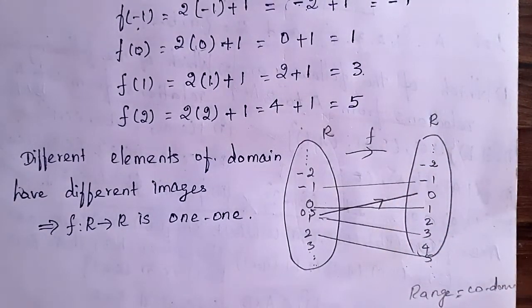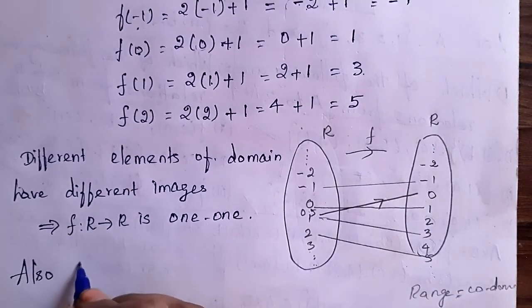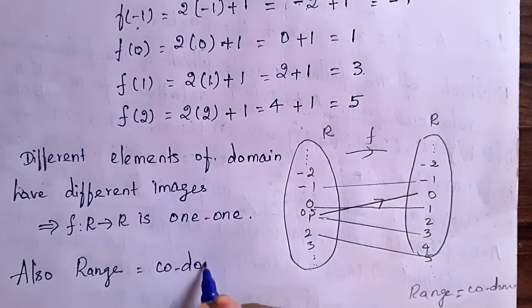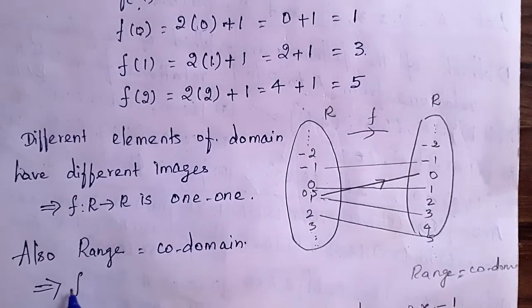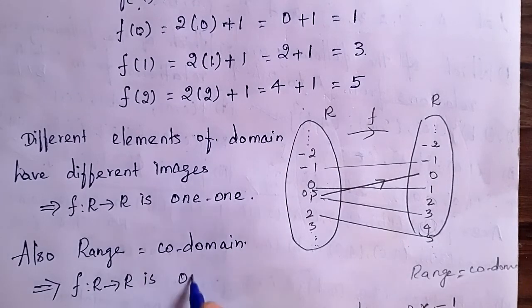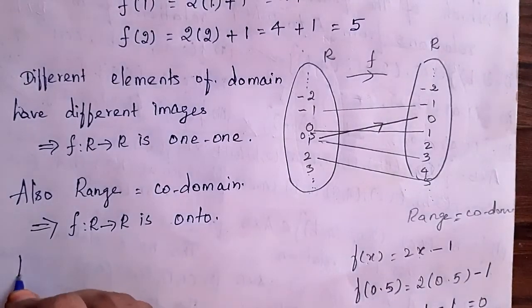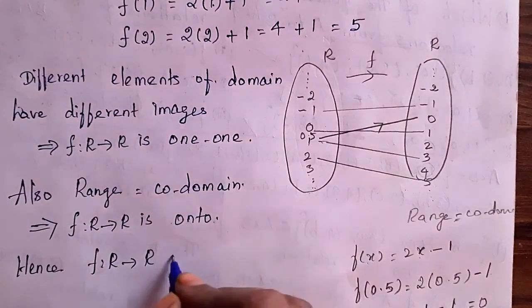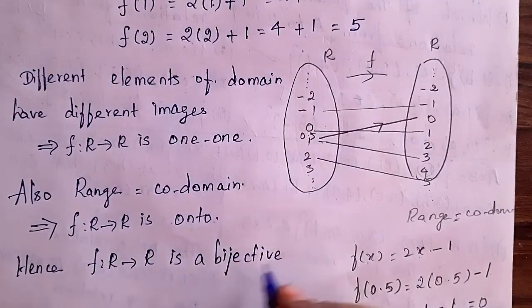So definitely you can say range equal to codomain. That implies f from R to R is onto. Hence f from R to R is a bijective function.